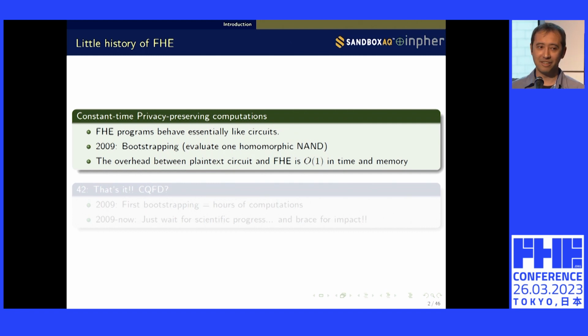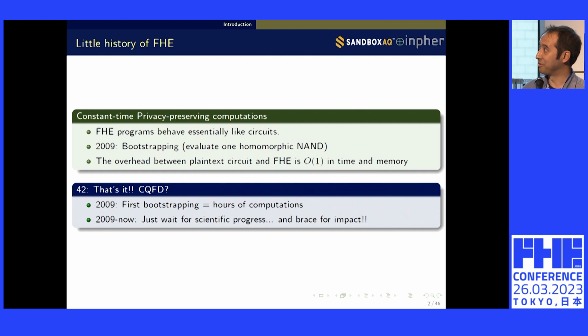In 2009, Gentry came up with the bootstrapping idea that basically said that there was one crypto parameter you can set forever, and then out of it you are able to evaluate homomorphically NAND gates. And since then we know that the overhead between evaluating a plaintext circuit and evaluating in FHE, asymptotically it's big O of 1 in time, in memory, in bits.